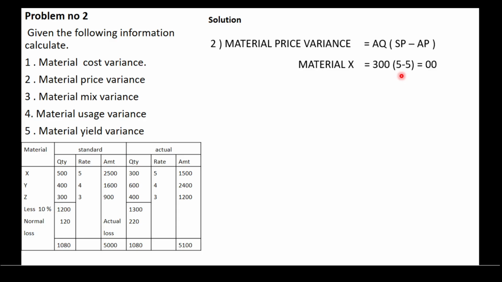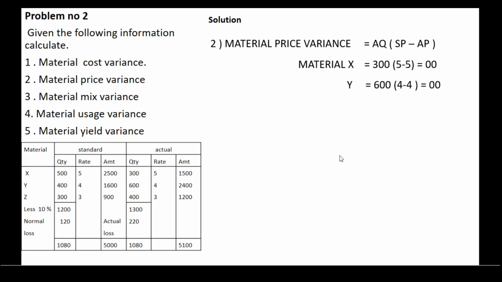And next, for the material Y. Here the actual quantity is 600 and the standard price rupees 4 and the actual price is also rupees 4. So 600 into 4 minus 4. So 4 minus 4 is 0, multiplied with the 600, so there is also 0. So now the material price variance of the material Y is 0.